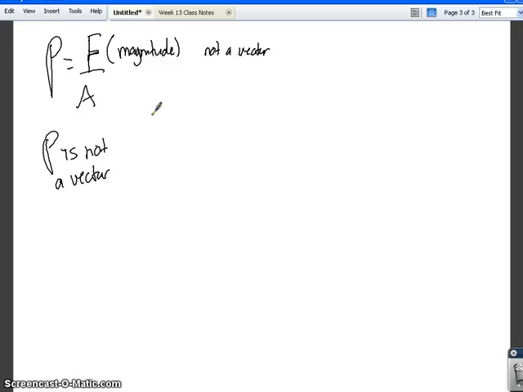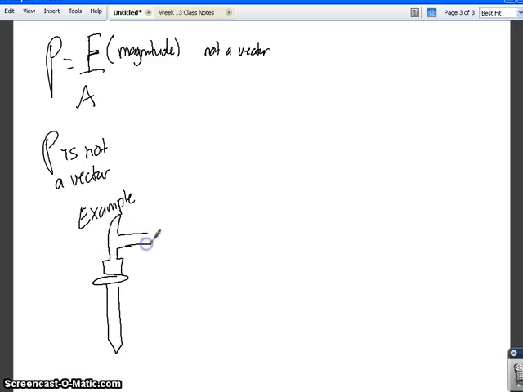Pressure is very simple. If you divide over a smaller area, you get a greater pressure. If you divide over a larger area, you get less pressure. So for example, let's take a nail and a hammer. When we apply a force to a nail, we really are applying a force over a very, very small area.